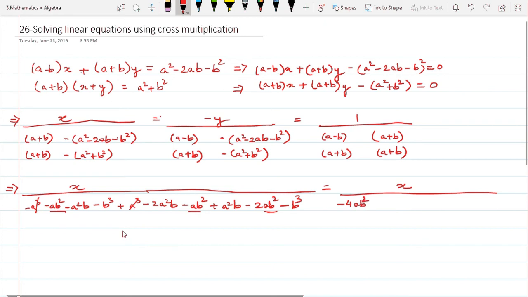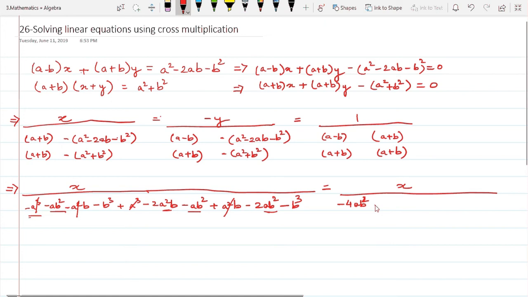Then I have minus a square b minus 2a square b, that is minus 3a square b, and there is a plus a square b, so this and this get cancelled. I'm left with minus 2a square b.